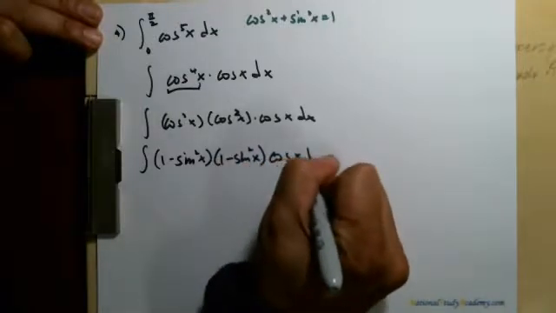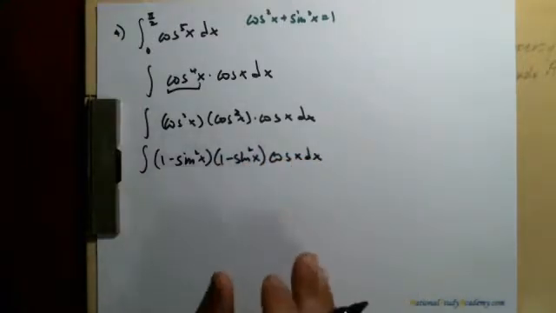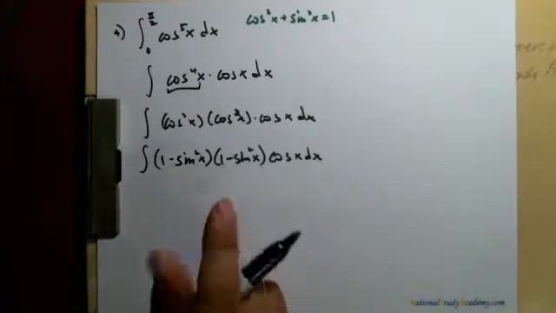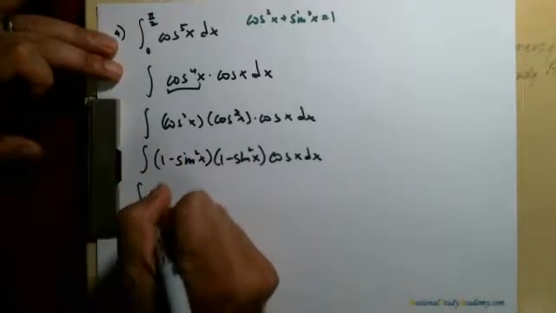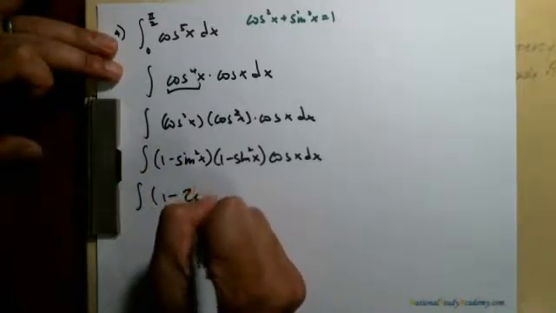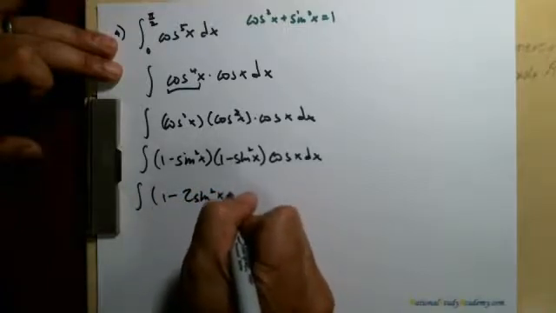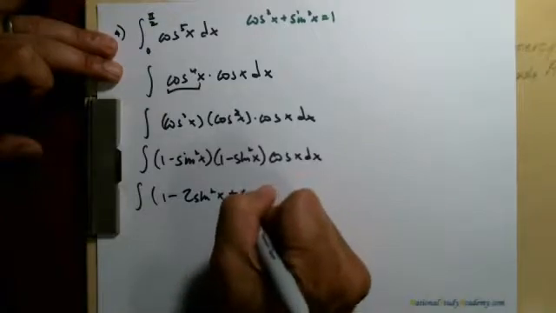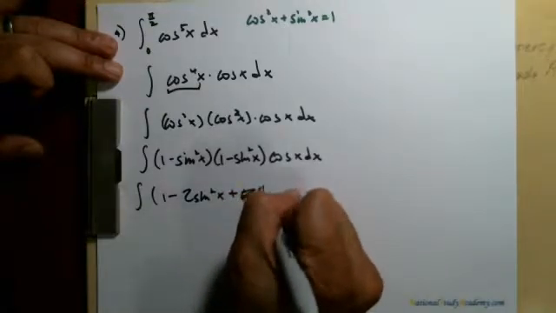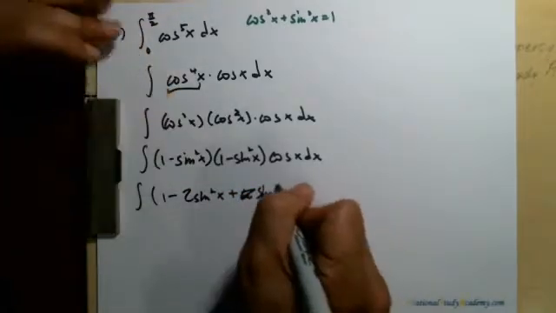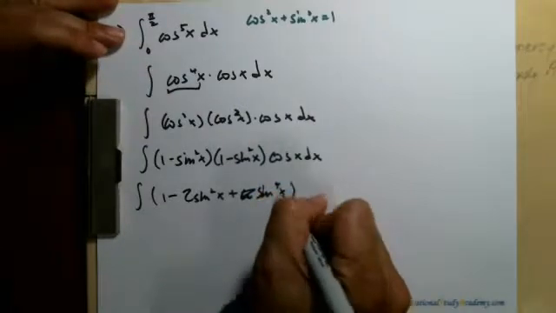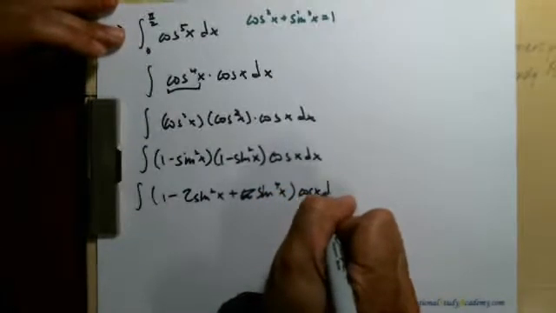cosine of x dx. Next thing we want to do at this stage is distribute this out. That becomes 1 minus 2 sine squared of x plus sine squared times sine squared, which is sine fourth of x, times cosine of x dx.